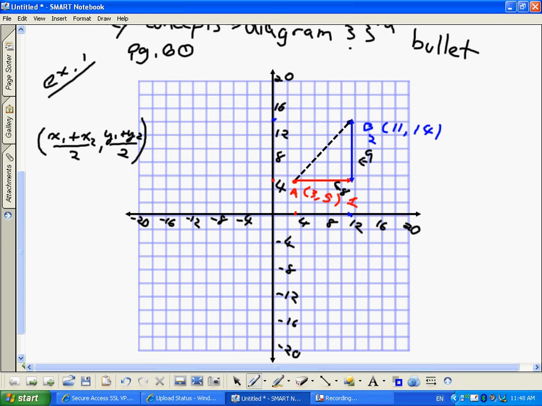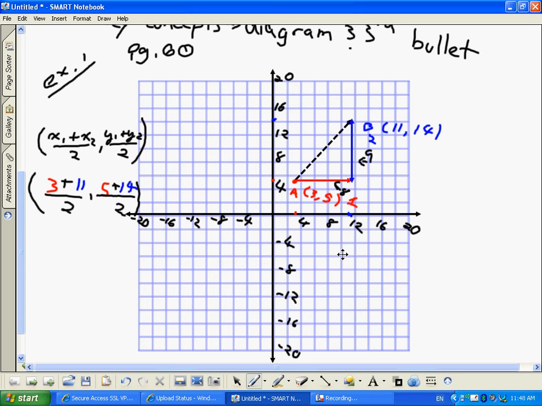These will be our second coordinates. So when we plug them in, x1 is 3, and y1 is 5. We'll complete the rest here so you understand what I'm plugging in. Plus x2 is 11, and y2 is 14. So we took those points from point A and point B.